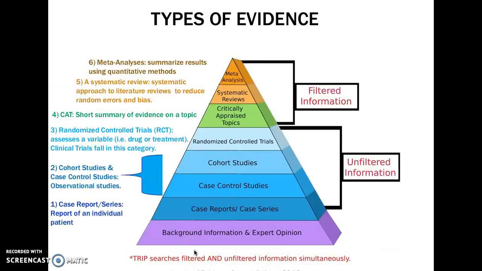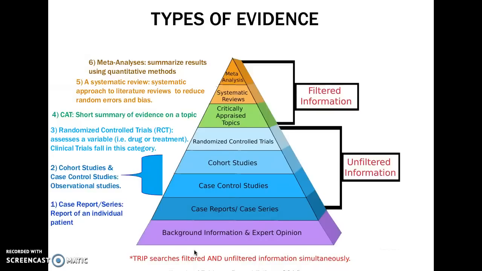If you notice at the bottom, it says TRIP searches filtered and unfiltered information simultaneously. TRIP is actually a database. It's similar to Google, but it will actually search for the information, and it will only go to evidence to find the answers. So it's a really great database.